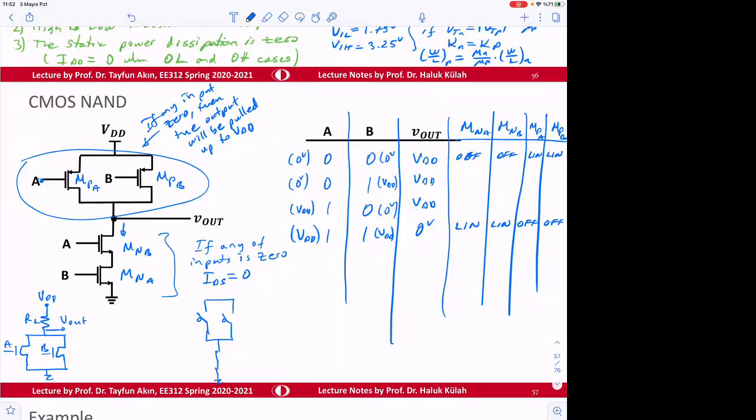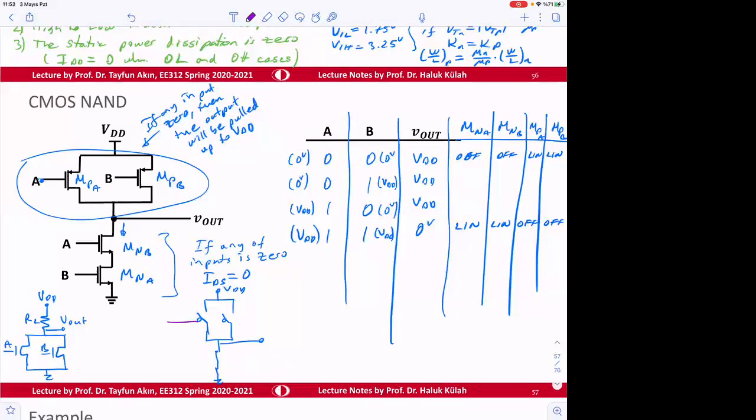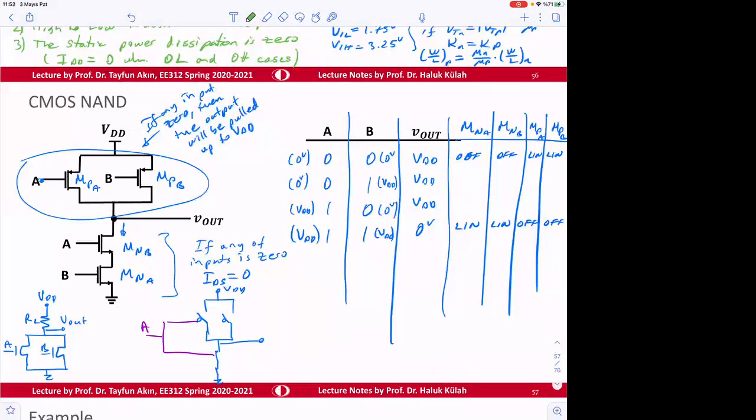For example, for the low output case, so VDD, and let's say A input, and this will be the B input.